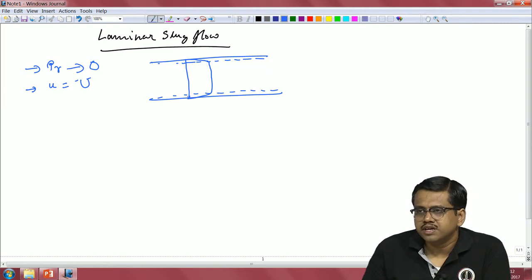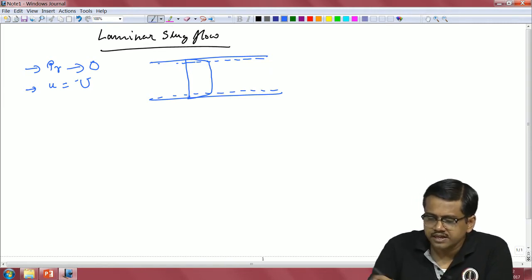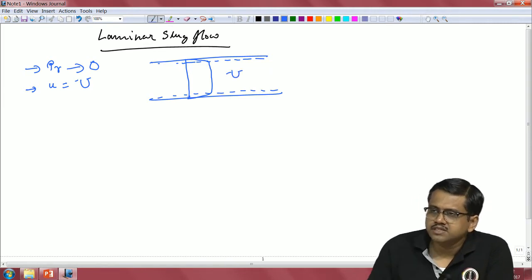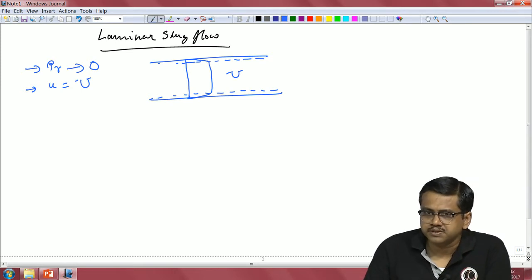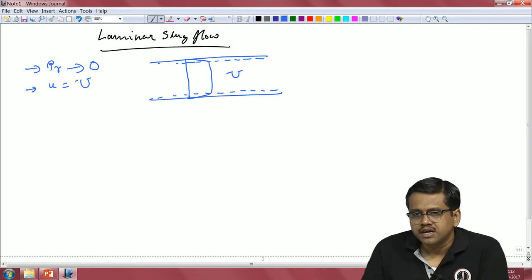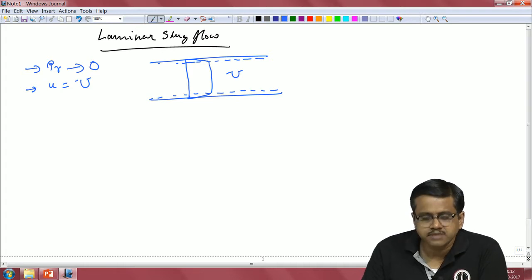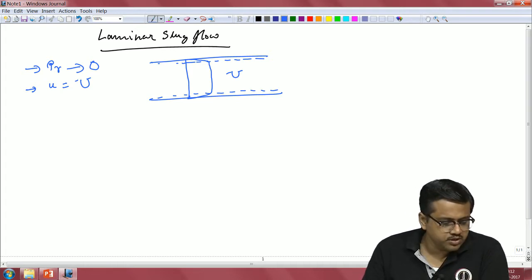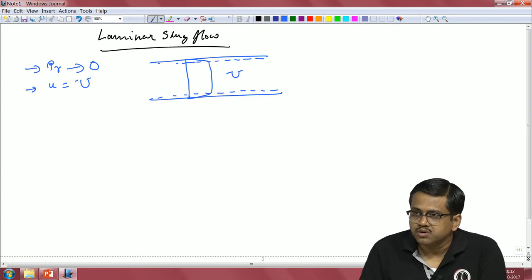Okay. So, it is a very top hat kind of a profile, and it is almost equal to the velocity u for all practical purposes. It is never quite true, but since the boundary layer is so thin, we can effectively imagine that your velocity is almost the same as u. Okay.